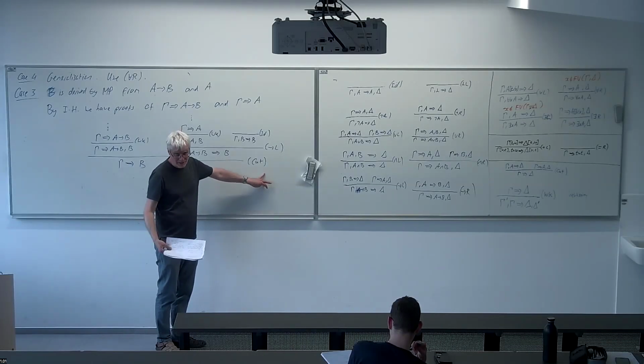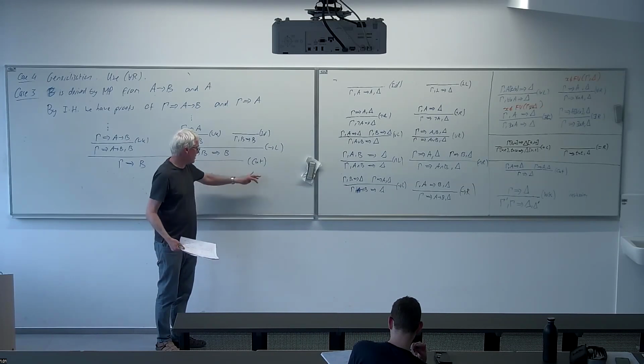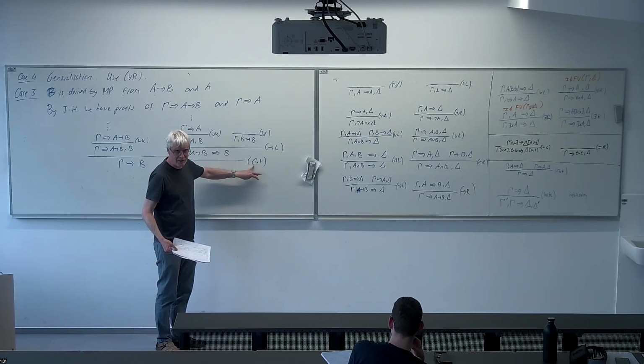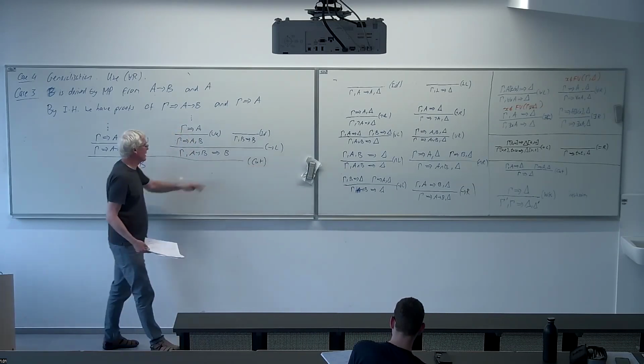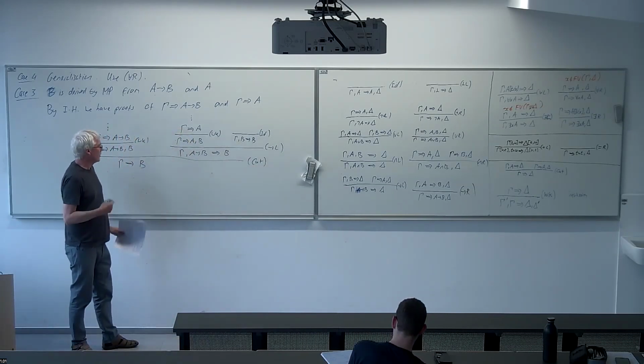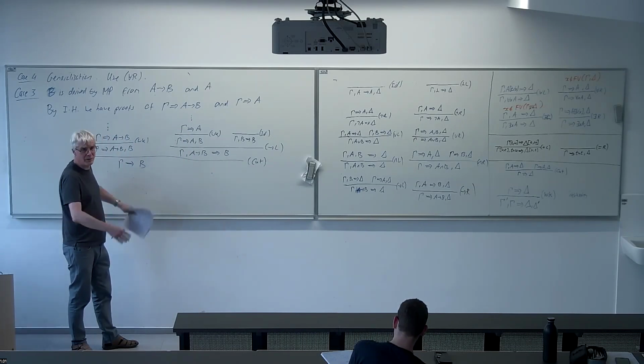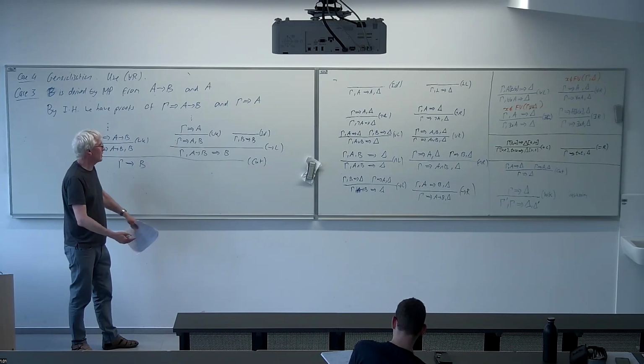Later today, and especially next week, we're going to see that the cut rule is eliminable. It's not really necessary. So why did we need to use it here? Well, the cut rule is eliminable in the sense that if we have a proof involving cut, we can always convert it to a proof without cut.